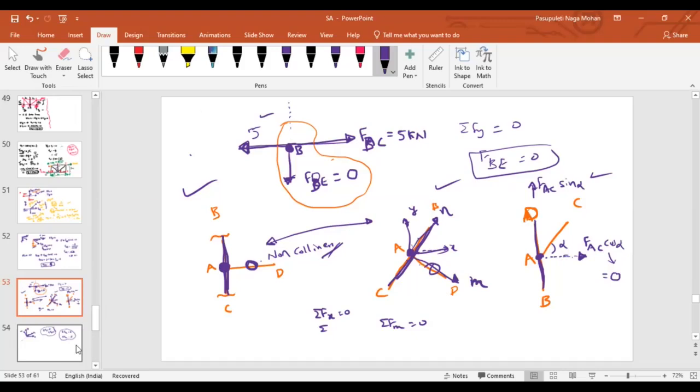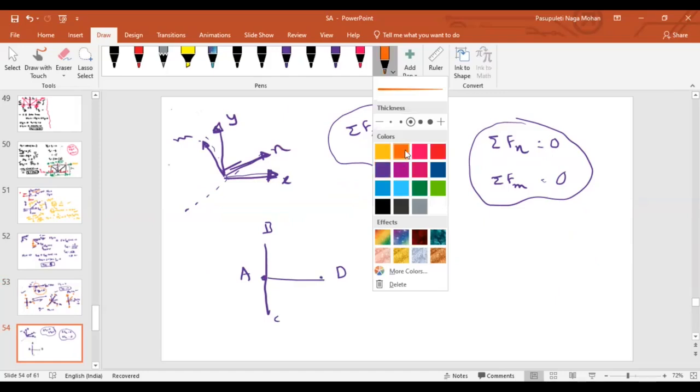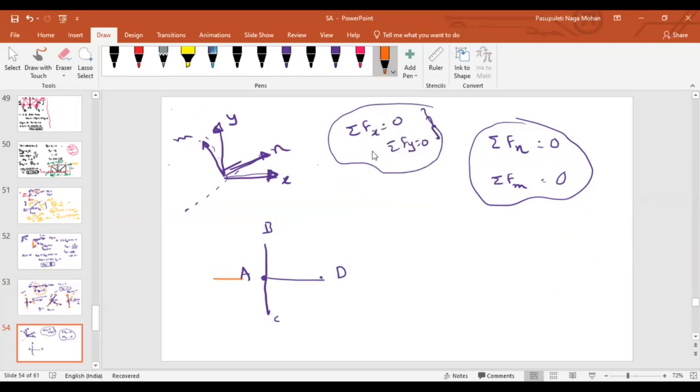Right? Now if I just modify the same thing, A, B, C, and this is the member D, imagine that there is some applied force here.